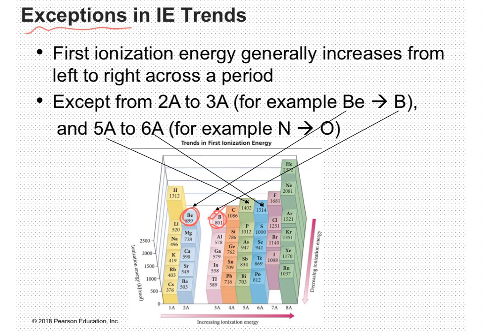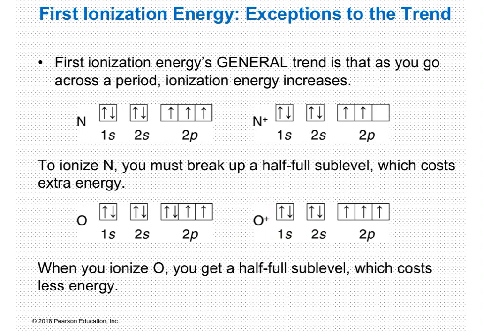There is another anomaly between nitrogen and oxygen. So you would expect oxygen to have a little bit higher ionization energy than nitrogen if it's following the general trend, but it's actually lower. So let's look at the orbital configurations for nitrogen and oxygen and see if we can figure out why it is so easy to remove an electron from oxygen.